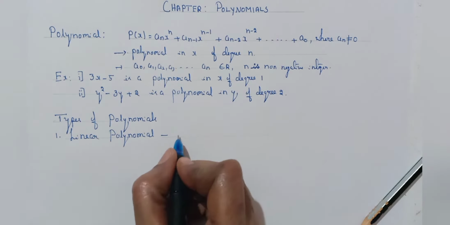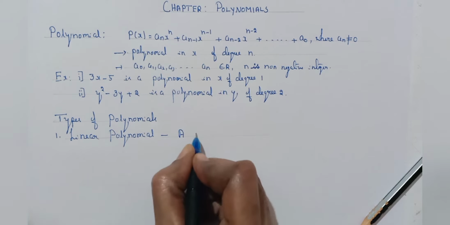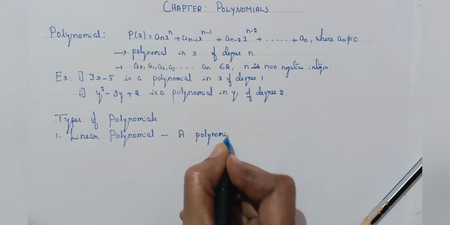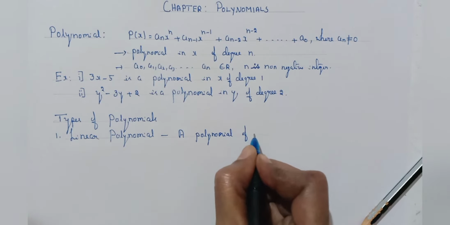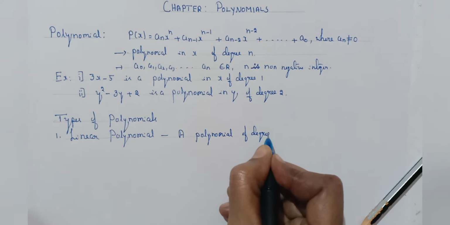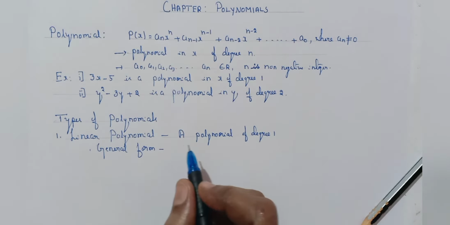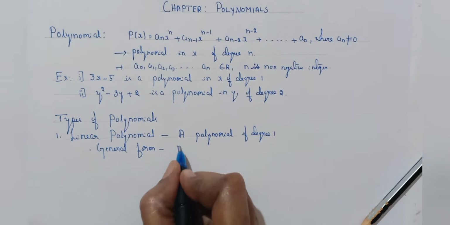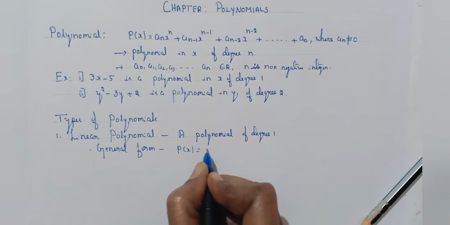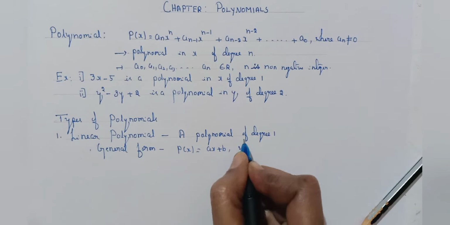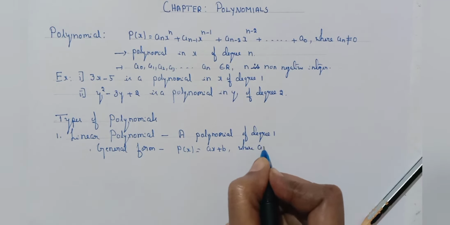A polynomial of degree 1 is called a linear polynomial. The general form of a linear polynomial is p of x is equal to ax plus b, where a is not equal to 0.